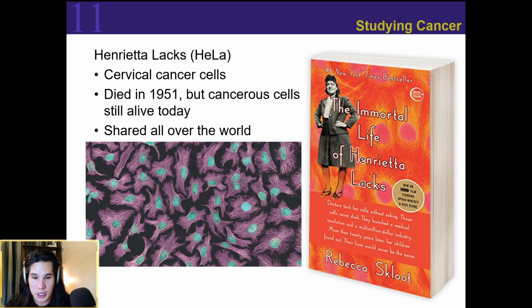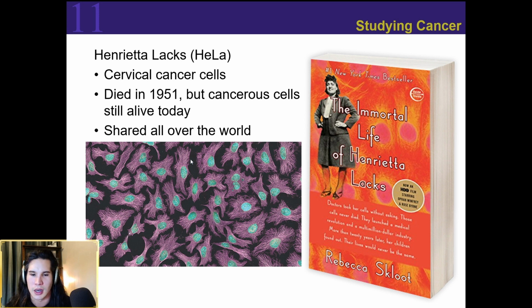They were studied and kept alive. Her cells are actually still alive today. Here's an image of it. The magenta is a stain of the cytoskeleton, and the teal is a stain of genetic material.